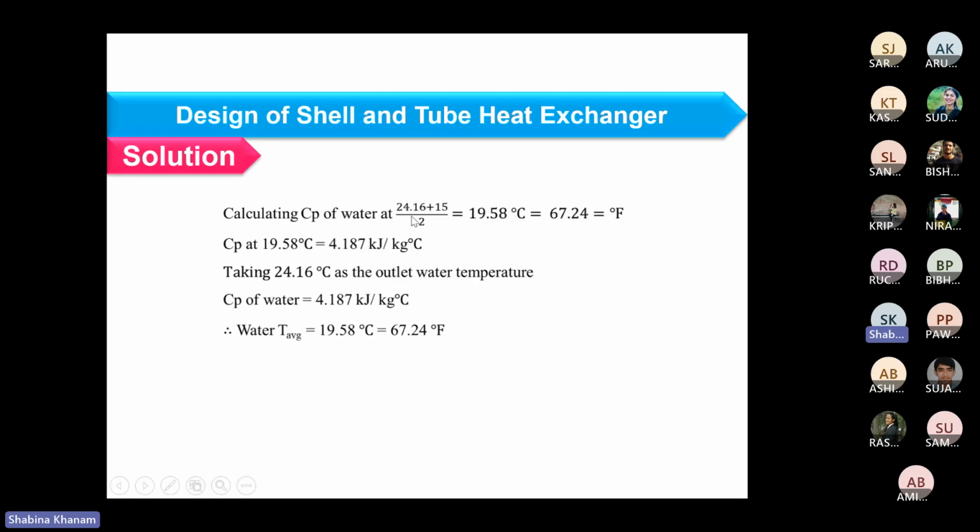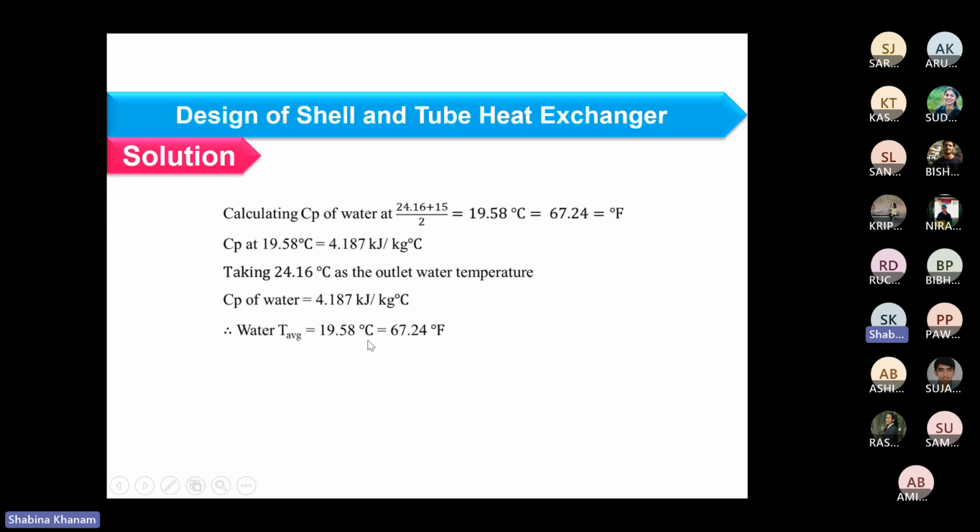So this is a specific heat which we have already discussed. Okay, so average temperature of water you need to calculate, which is coming as 19.58, and which is 67.24 degree Fahrenheit, and Cp value that you know already, that we have already discussed. So what is done over here, if you see, we have seen the Cp value at average temperature, which is coming this only, and taking 24.16 as outlet temperature, Cp value is equal to the assumed value.